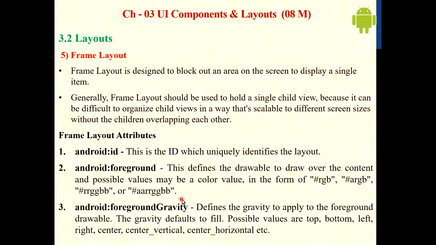So these are the values of this attribute, and all are color values. Then next one, android:foregroundGravity, which defines the gravity to apply to the foreground drawable. The gravity defaults to fill. Possible values are top, bottom, left, right, center, center_vertical, and center_horizontal. So these are some attributes of frame layout.